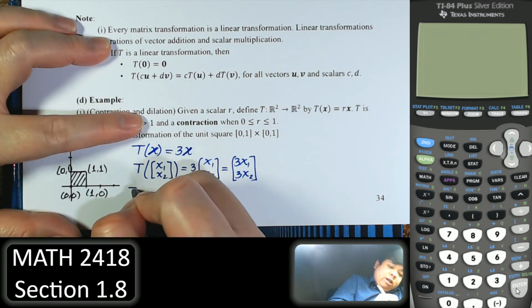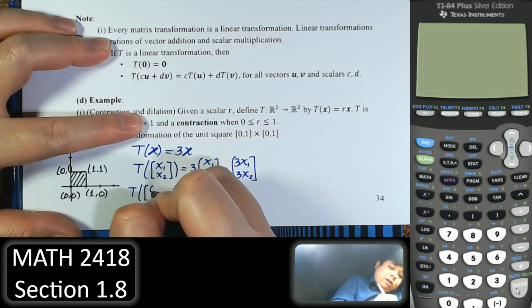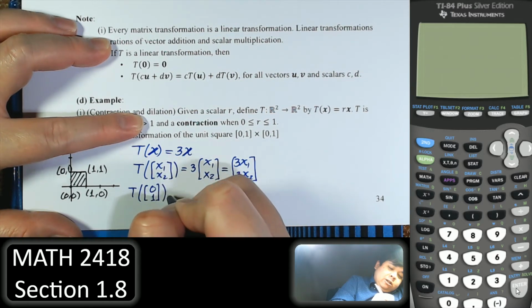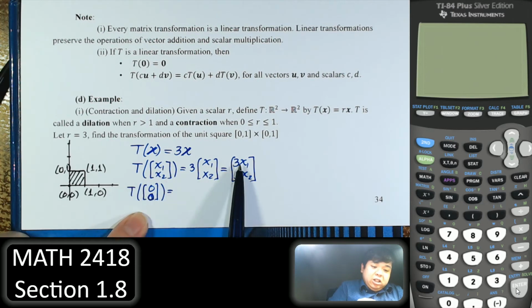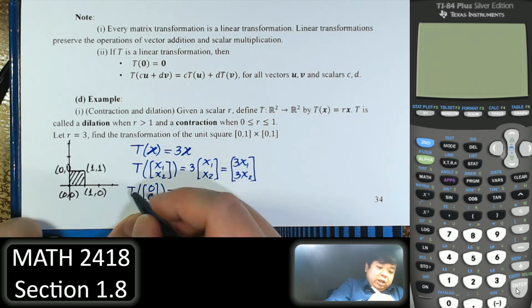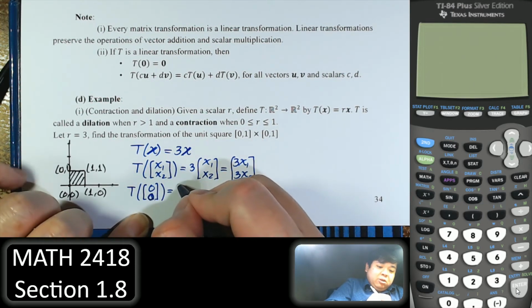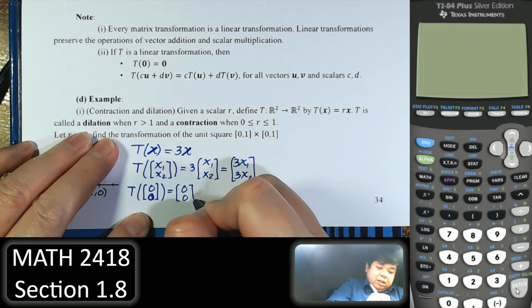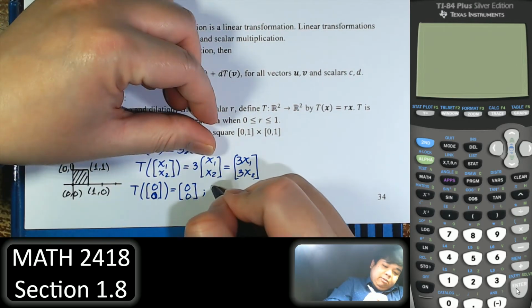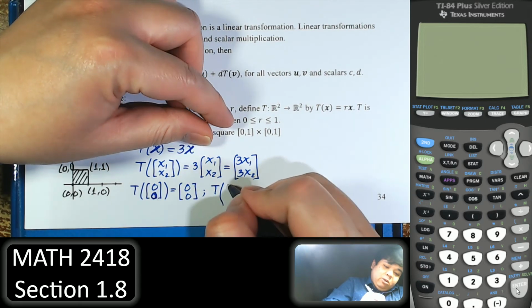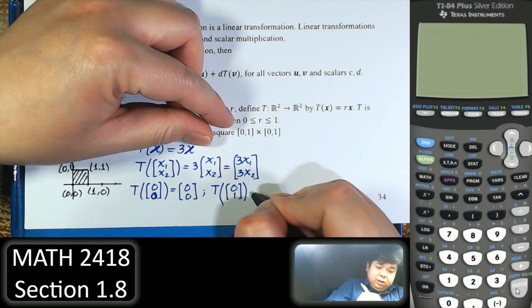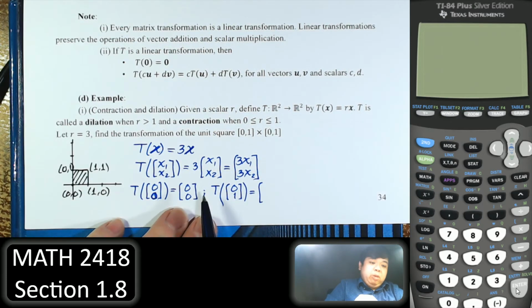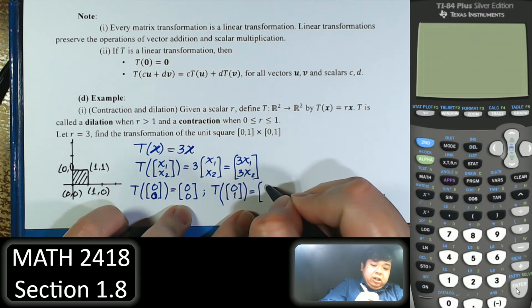Now the transformation of 0, 0 first. The transformation is just multiplying the coordinates by 3. So 3 times 0, 3 times 0, we still have 0, 0. That's easy. Now let's find the transformation of 0, 1. Just multiply the coordinates by 3, so 0 and 3.